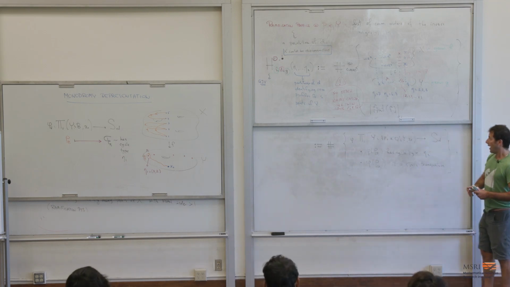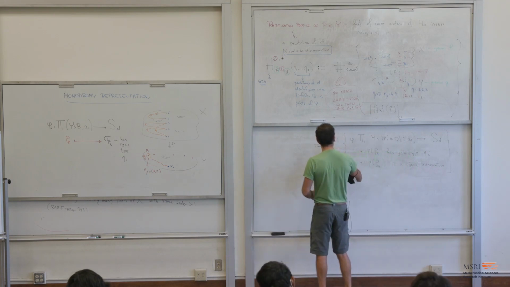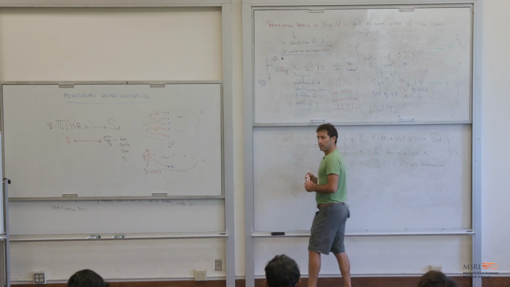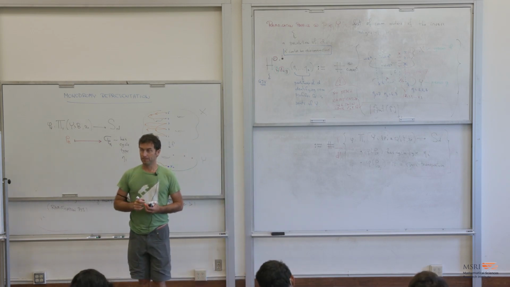And we're counting these monodromy representations simply multiplied by 1 over d factorial.